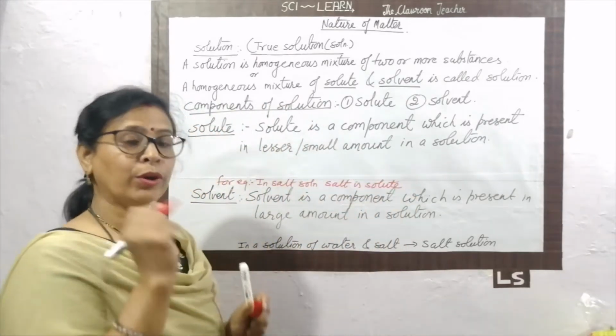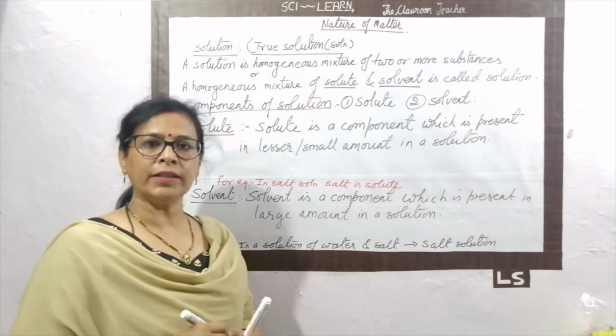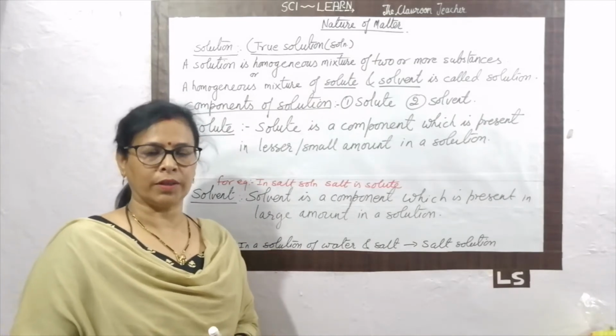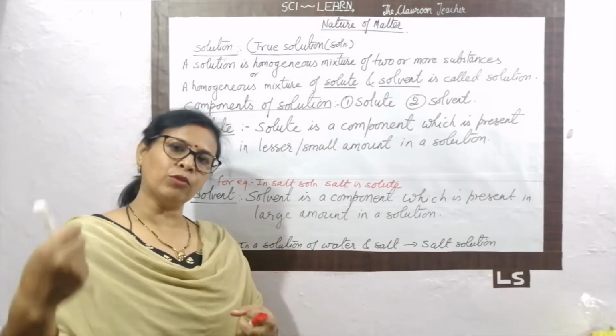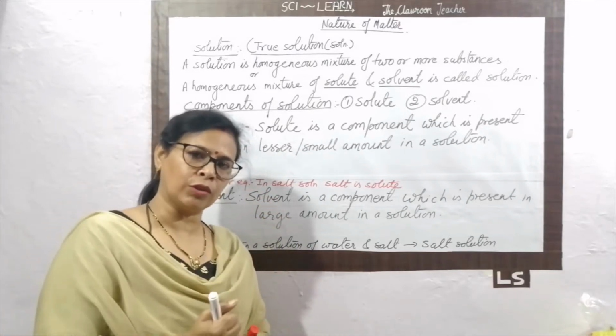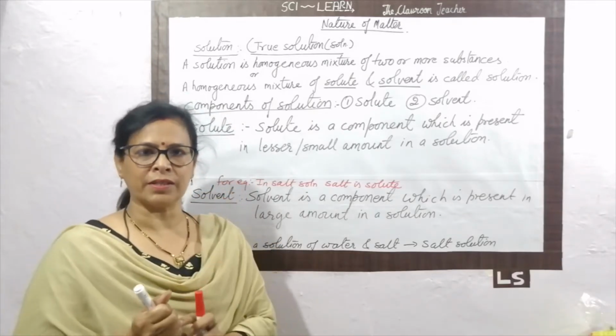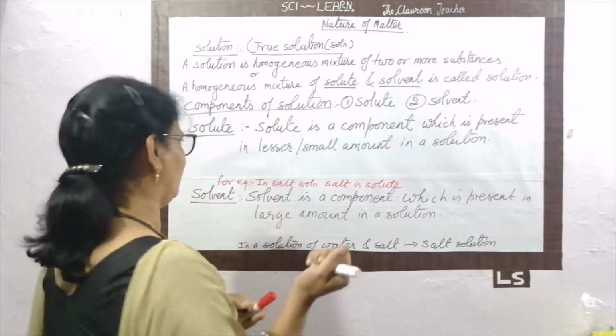Okay. One more characteristic is here. Salt is dissolved in water. Water is there and we have to dissolve salt or sugar in water. It means what is solute? Solute is a substance which is dissolved in solvent.